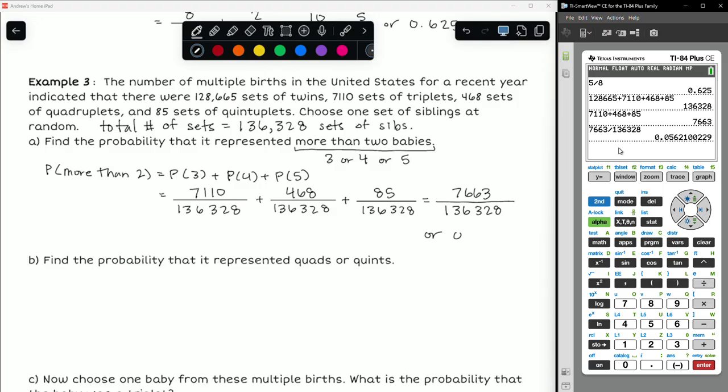And that gives us 0.0562. So from this set of multiple births in a recent year, only 5.62% of them represented more than 2 babies, meaning twins were by far the most likely outcome.